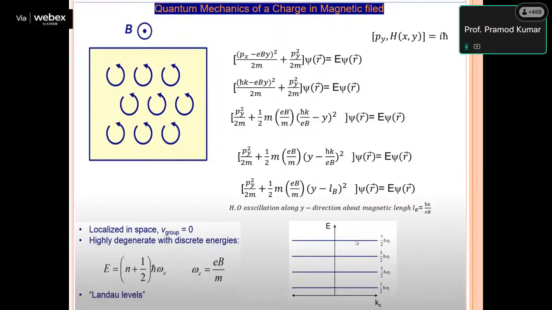On that way you can write the wave function and energy expression for this charged particle in a uniform magnetic field.